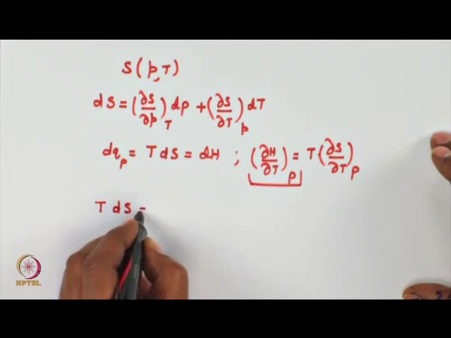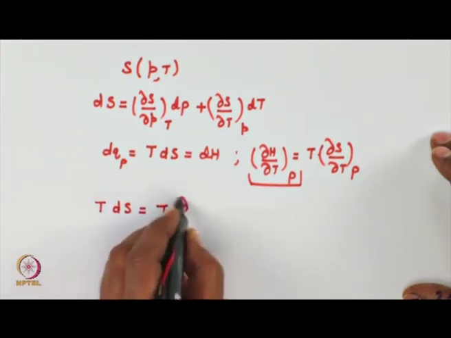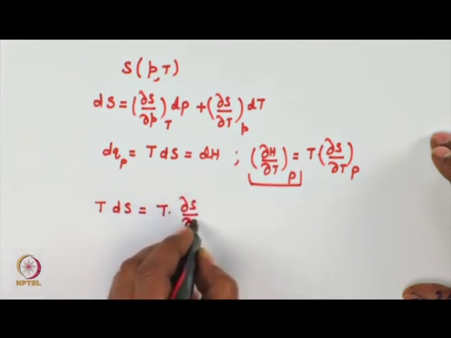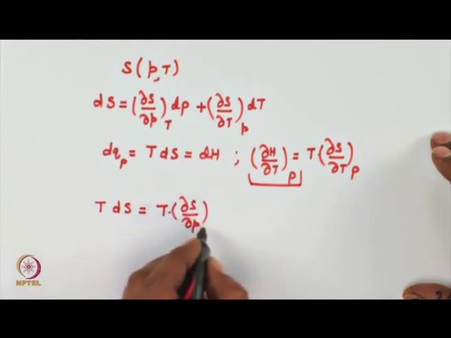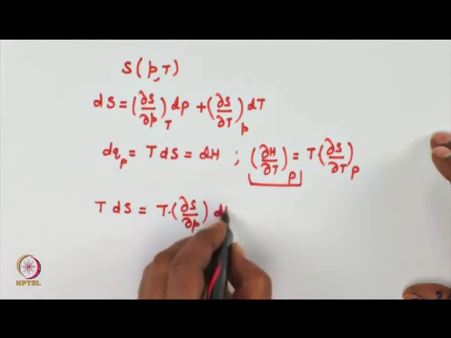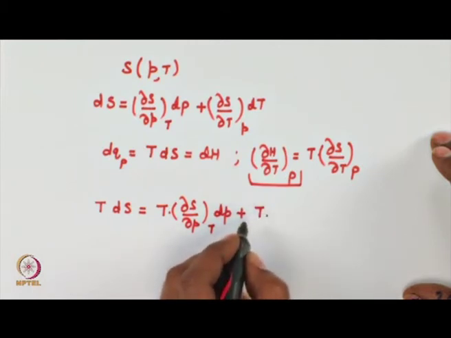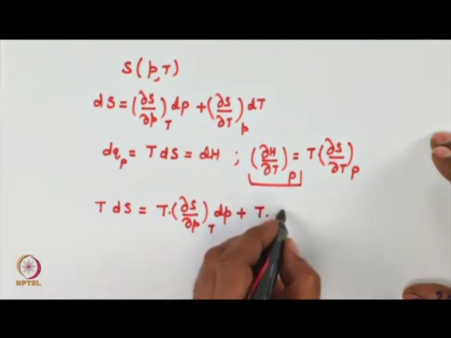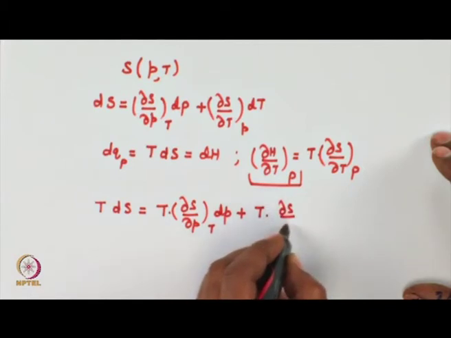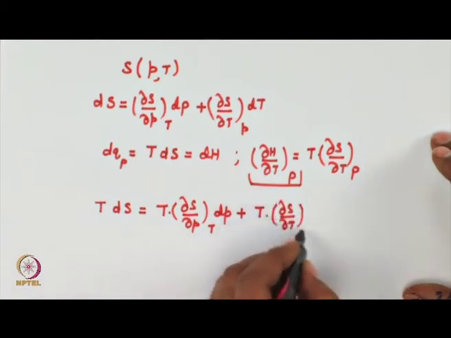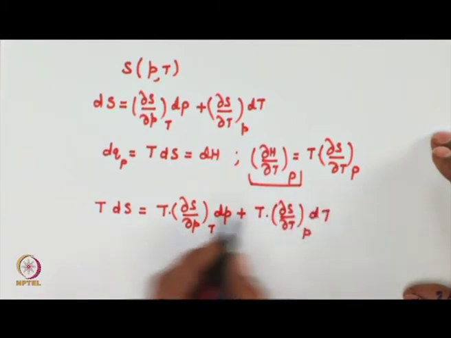Let us multiply T on each side. TdS is equal to T times dou S dou P at constant temperature dP plus T times dou S dou T at constant pressure dT.